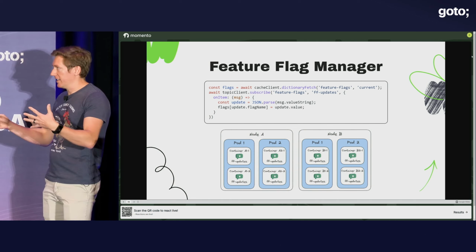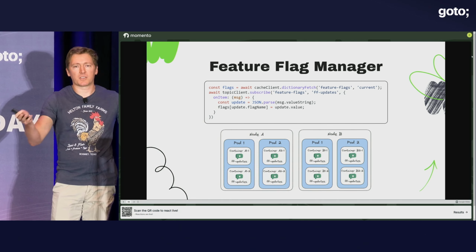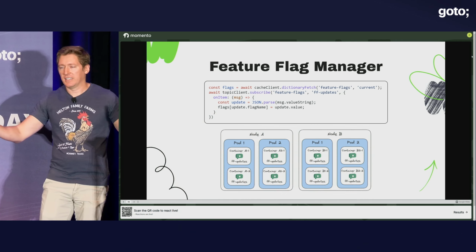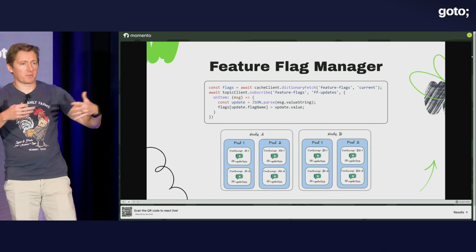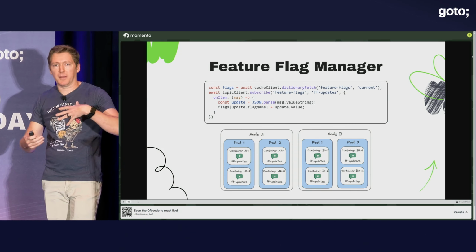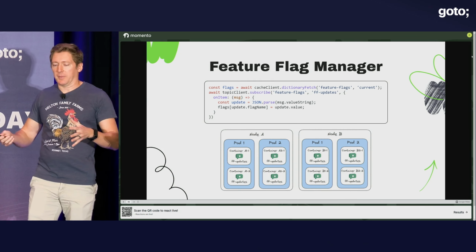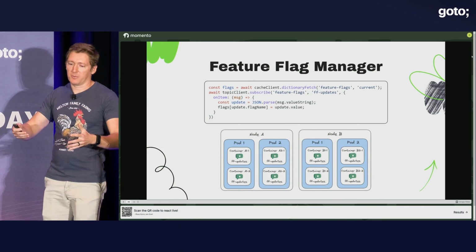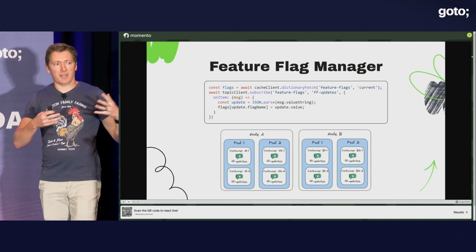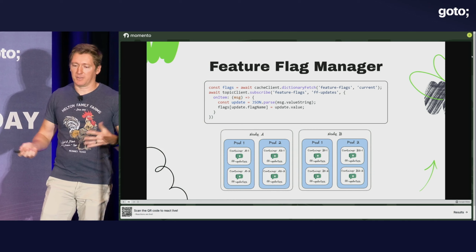So what we're doing is we're loading that big blob out of a remote centralized cache that all these containers have access to, because it's remote and centralized. It's not local on any of them. We're loading that big blob, and then we're subscribing again for deltas. So if I change something, I will grab the flag that's changed and then update that giant blob that I have in memory.